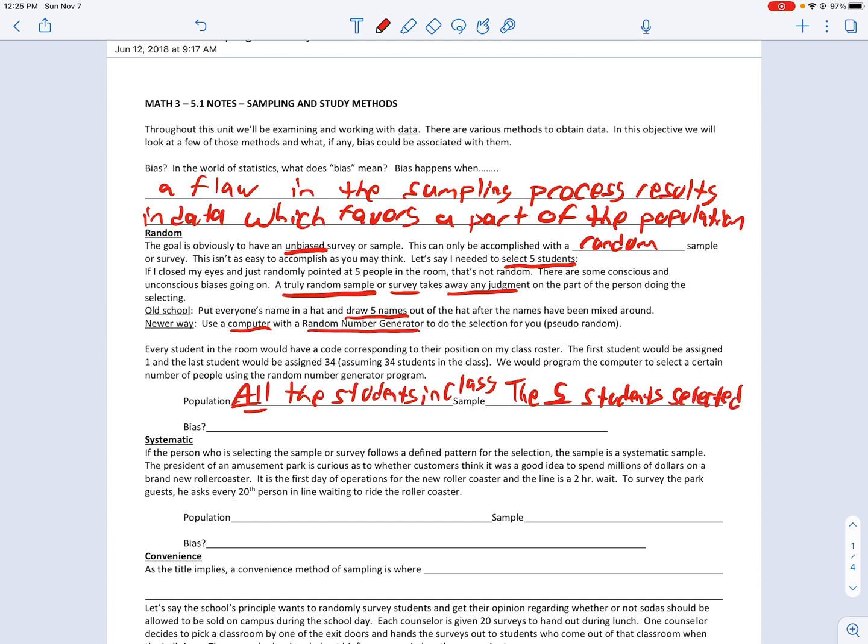And is there going to be any bias? There's not going to be any, because I am giving everyone a number 1 through 34, and I'm going to choose 5 random numbers. So we select 5 random people, and there's no bias. That's completely random. That's a random sample. That is what we're trying to shoot for every time, but it's not easy to obtain.